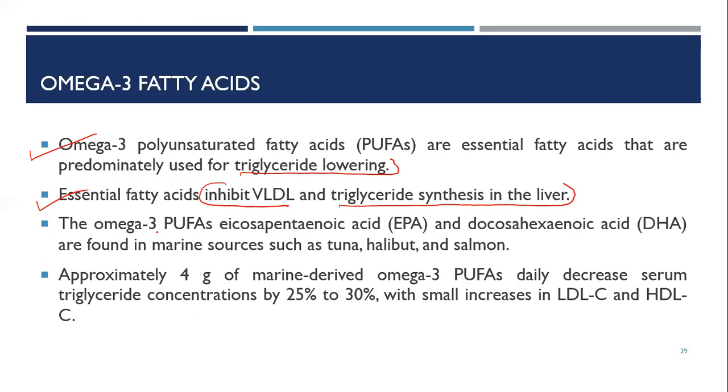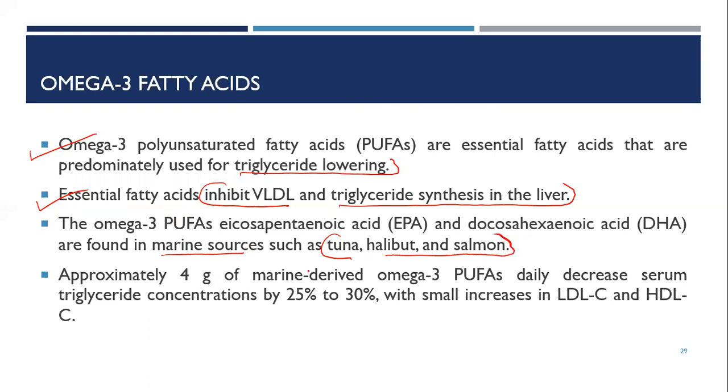The omega-3 polyunsaturated fatty acids are eicosapentaenoic acid and docosahexaenoic acid. These are found in marine sources such as tuna, halibut, and salmon.